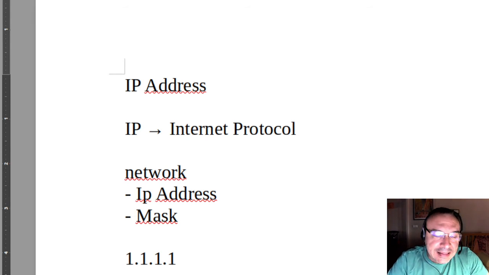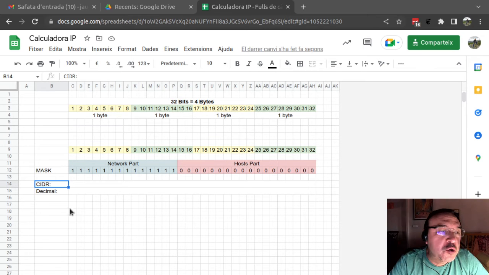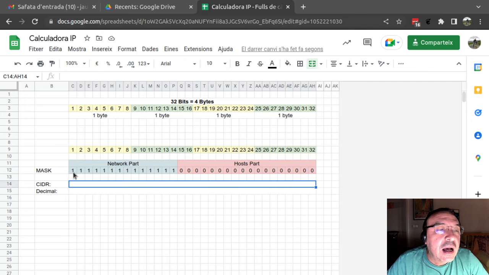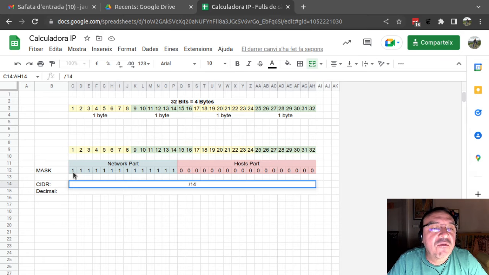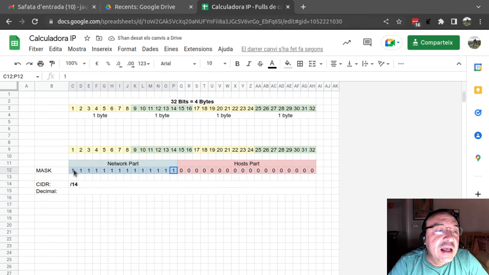And that way of expressing the mask is the simplest one, because we just need to count the number of bits in the network part. So if in our network part we have, like now, 14 bits, our CIDR mask will be just slash 14. That will be the network mask used in that case, because we just have 14 bits in our network part.